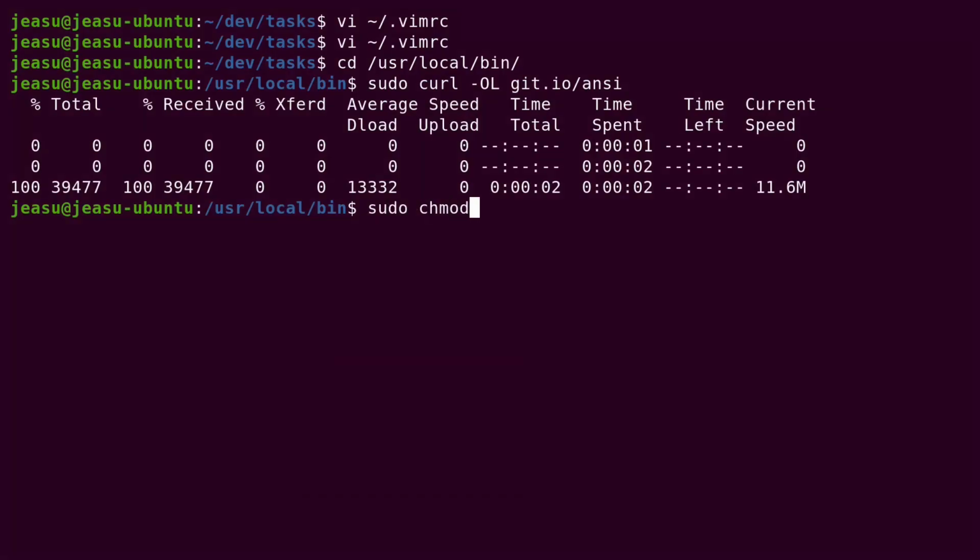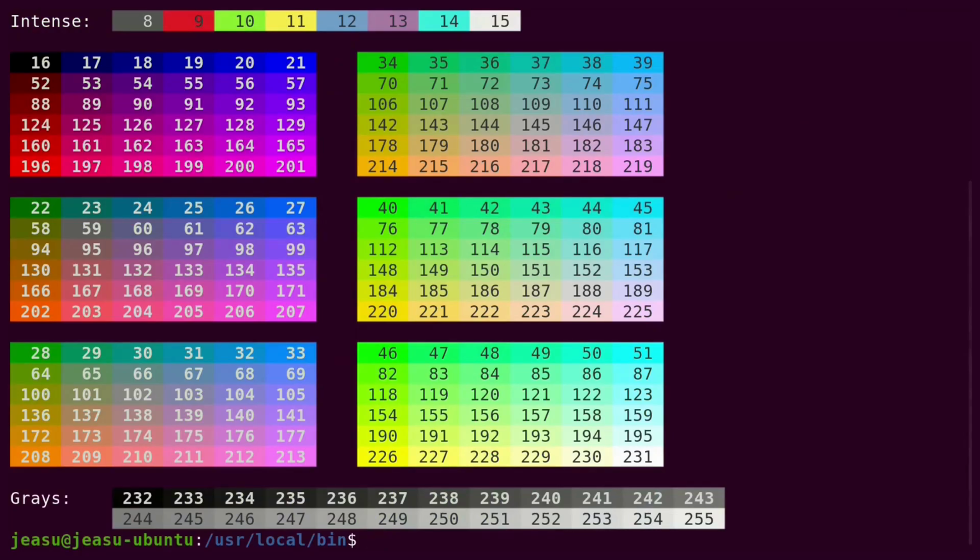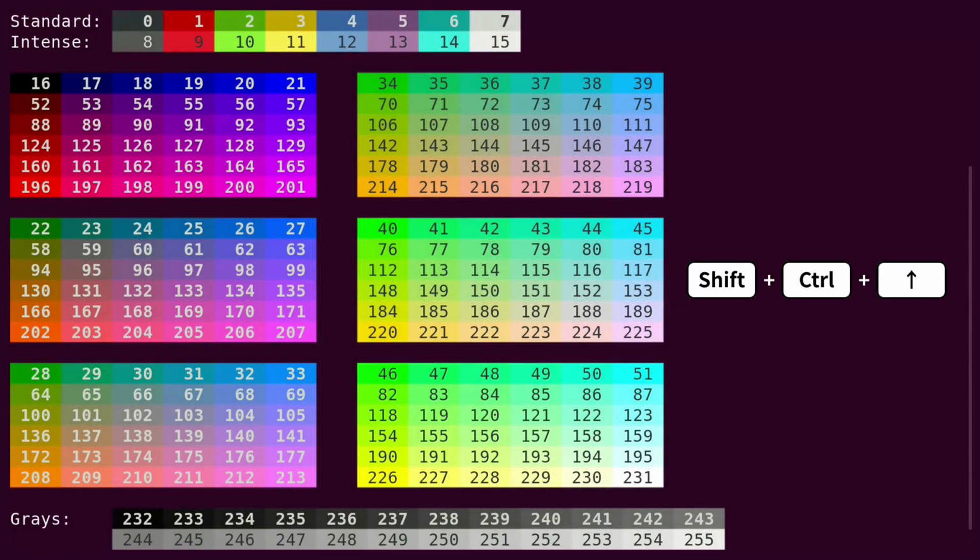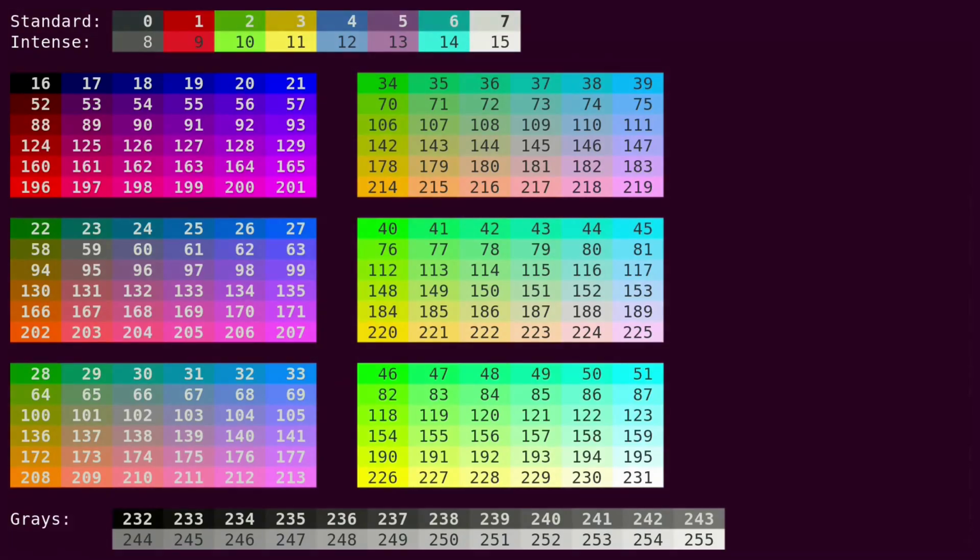Let's give it execution permission. Let's run it by adding the color codes option after the ANSI command. You can check the actual color of the ANSI color code applied to the line number and cursor line.